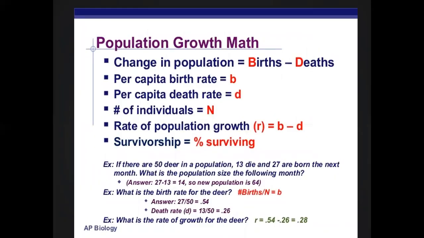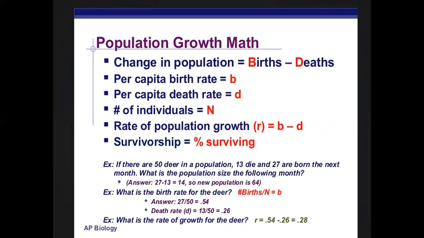Dear cadets, population growth math. Change in population equals birth minus death. Here B equals per capita birth rate, D equals per capita death rate, N equals number of individuals.